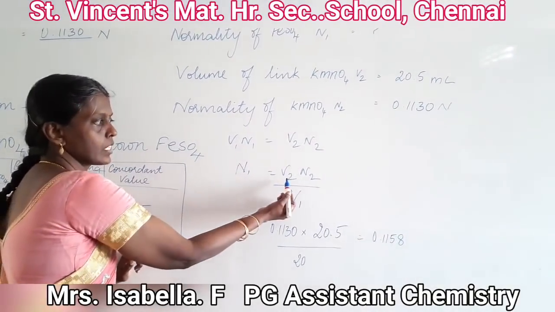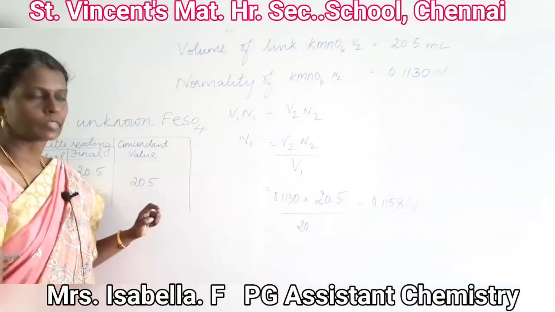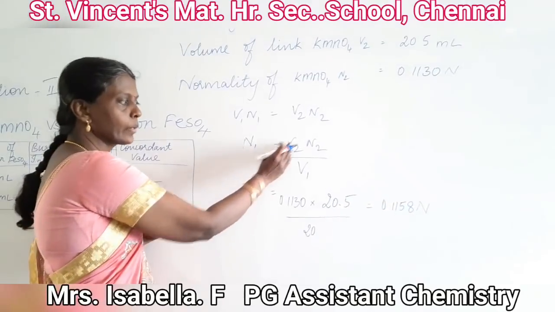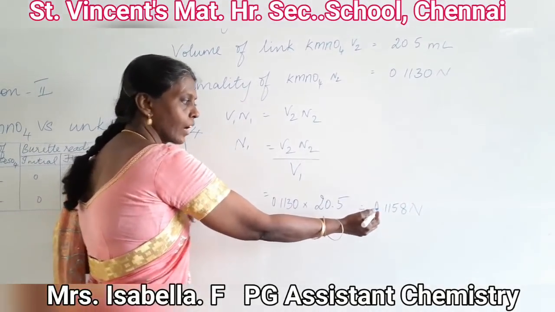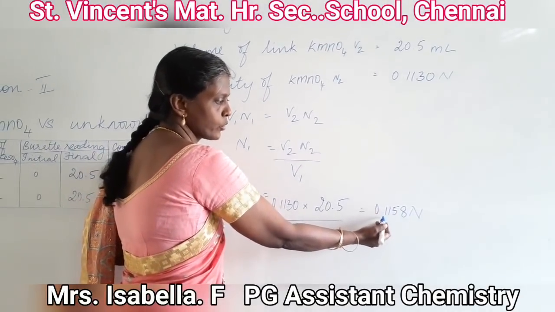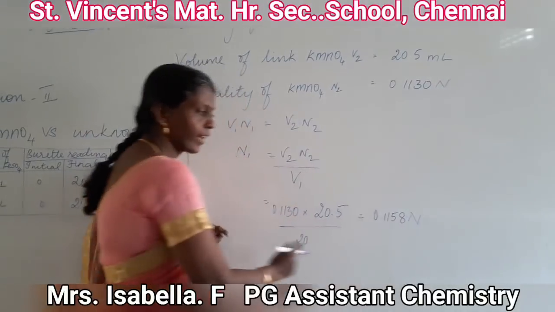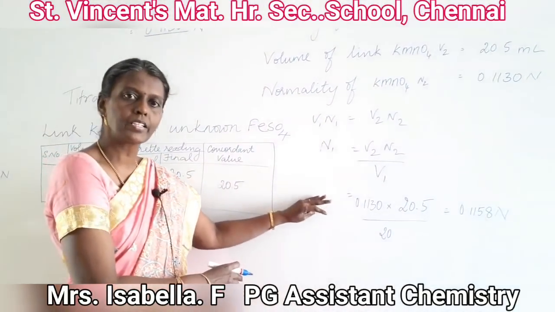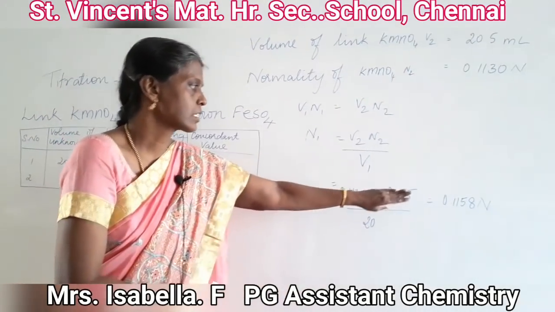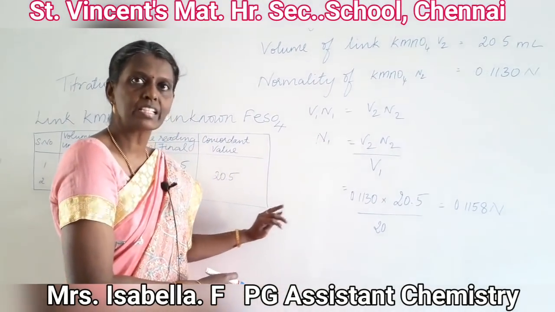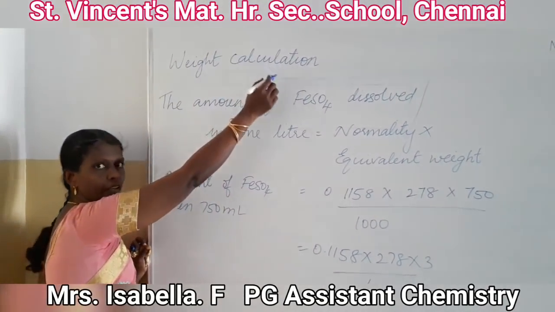So N1 is equal to V2N2 divided by V1. Substituting the values in this formula, we get the normality of the unknown ferrous sulphate solution as 0.1158N. Therefore, we have found out the normality of the given unknown ferrous sulphate solution as 0.1158N.